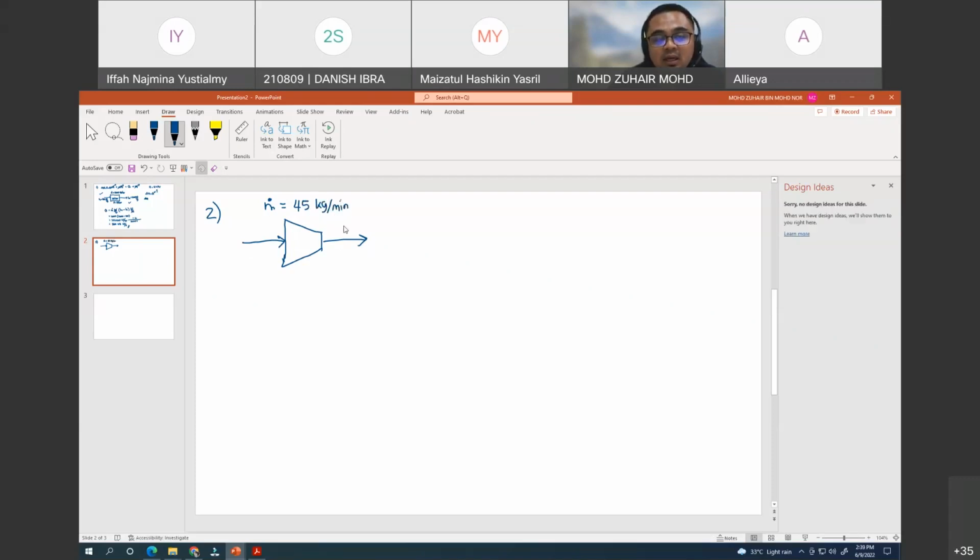Sometimes we purposely do not put the units in the standard SI unit. We want you to do some unit conversion. And then what else do we have? We have the heat loss Q, which is negative 2100 kilojoule. Okay, what does the question ask?